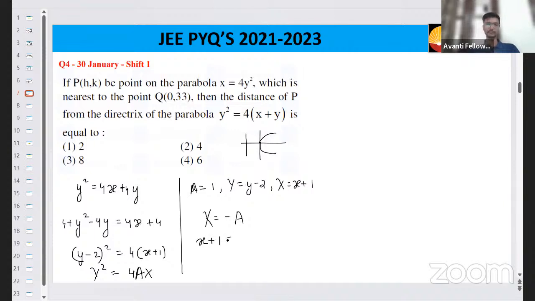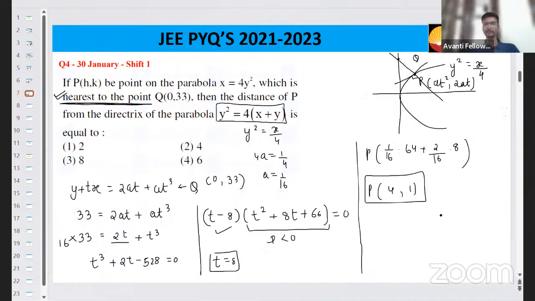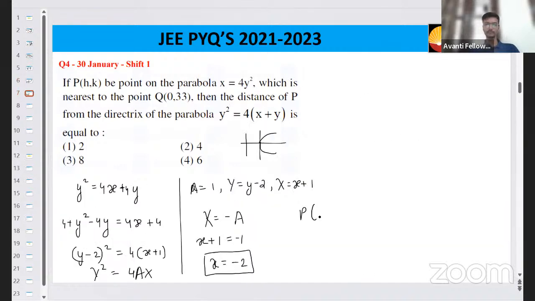X plus 1 equals minus 1, so x will be equal to minus 2. This is the equation of directrix. And what was point P? Point P was 4 comma 1.